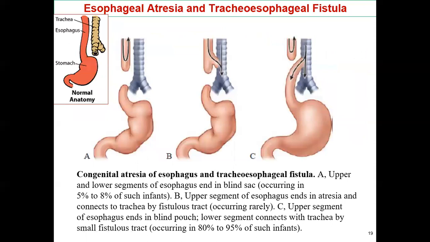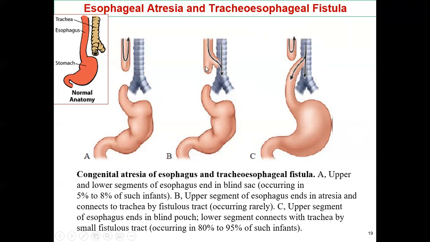What else? So in this first picture, normal anatomy, the esophagus continues to the stomach, and the trachea is the respiratory tract, and this is the gastrointestinal tract. But in this picture, we can see atresia develop. The esophagus does not continue to the stomach.